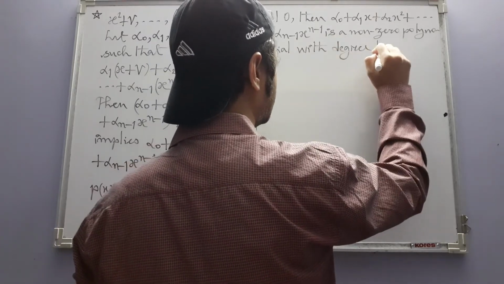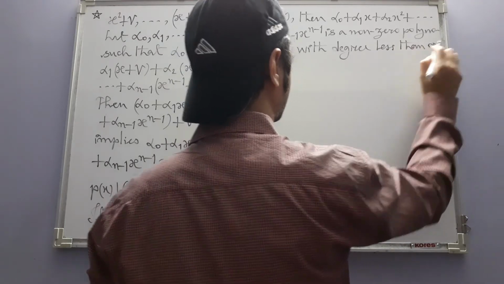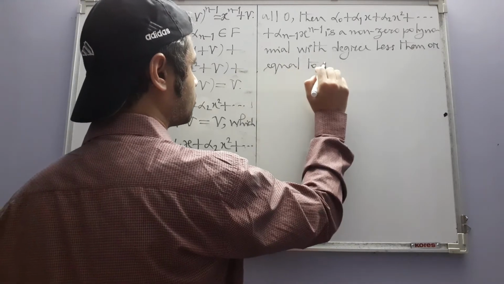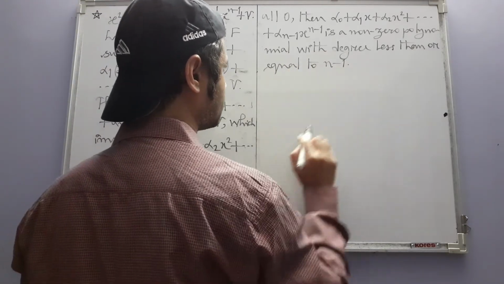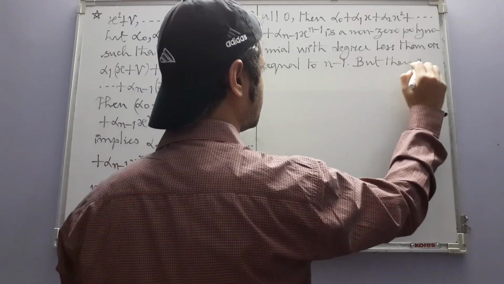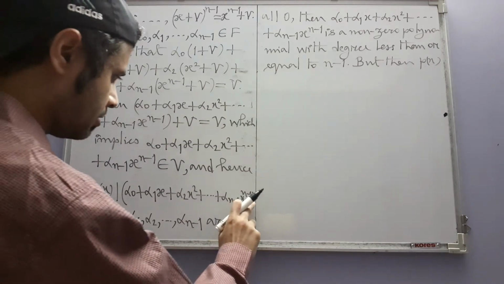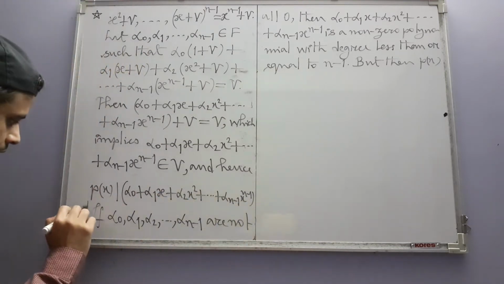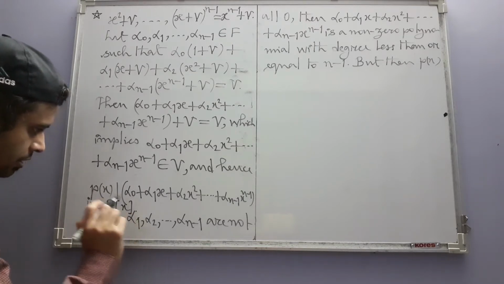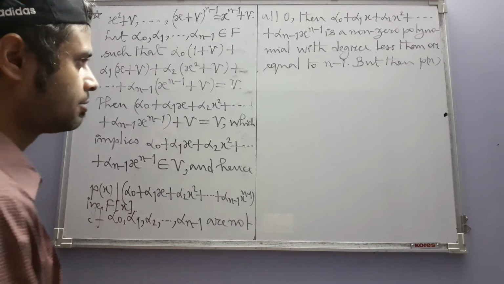With degree less than or equal to n minus 1. But then P of x, oh, I haven't written that thing, no? This in F[x]. In which ring the division is going on, it's important to write that.